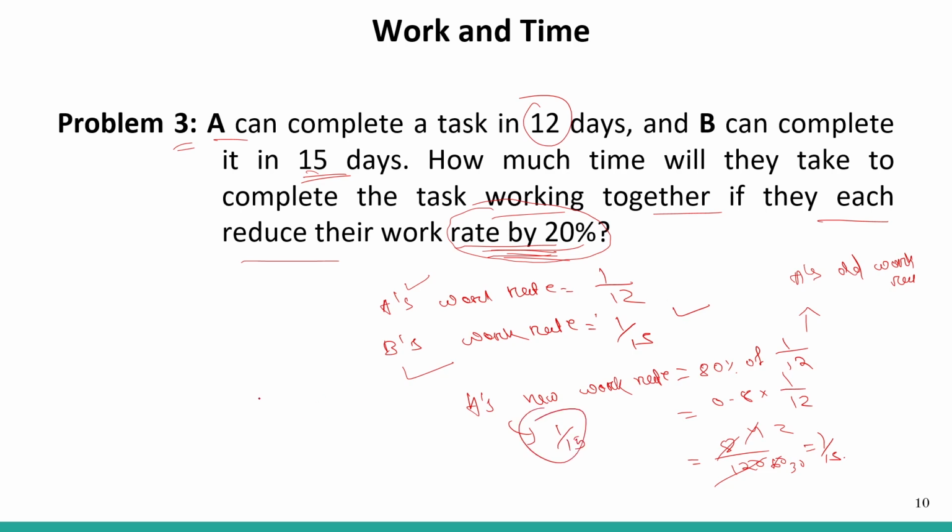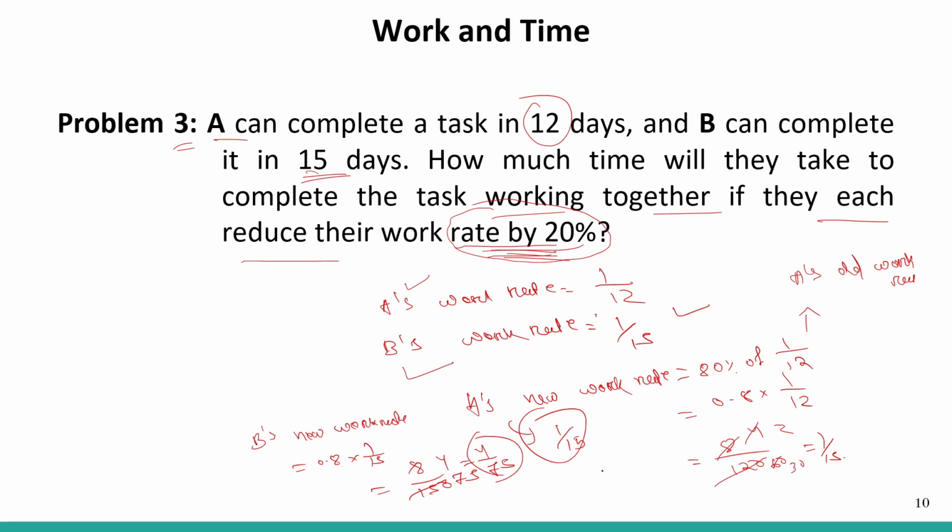Okay, so B's new work rate is equal to 0.8 into 1 by 15, right? So this is equal to 8 by 150, which is nothing but 4 by 75. So 4 by 75 is B's new work rate.